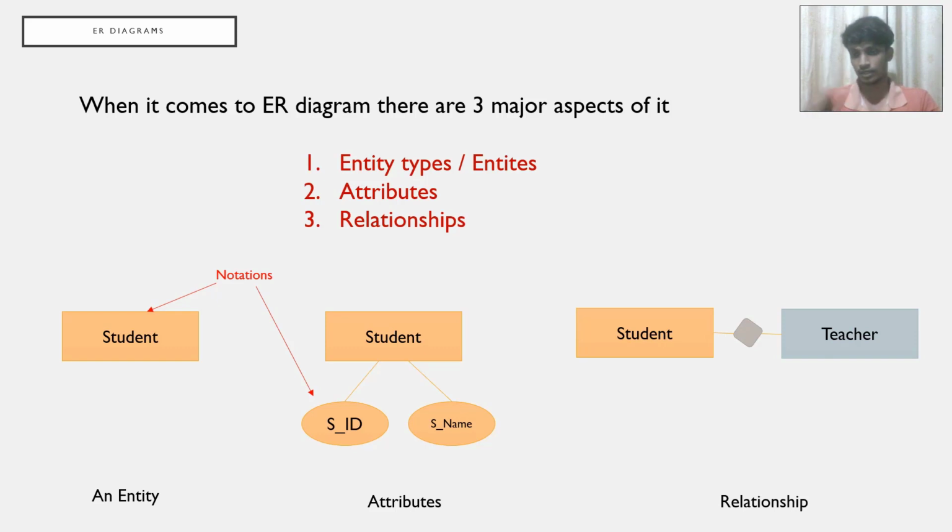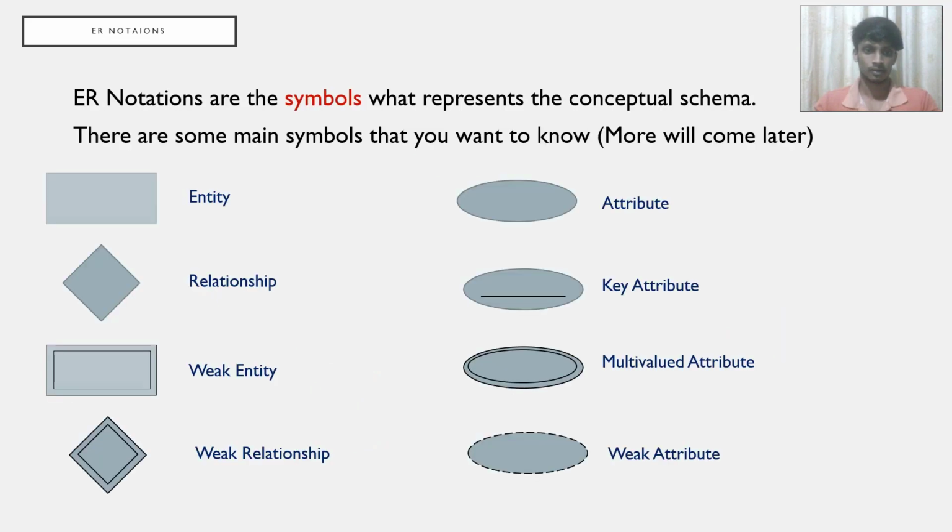So this will be a long part, and the first and second parts will be kind of easy. What you have to remember is there are three parts in the ER diagram: entity types or entities, then the attributes, then the relationships.